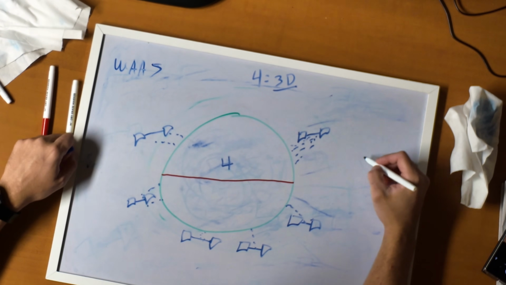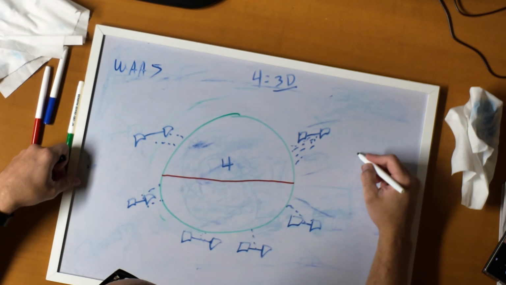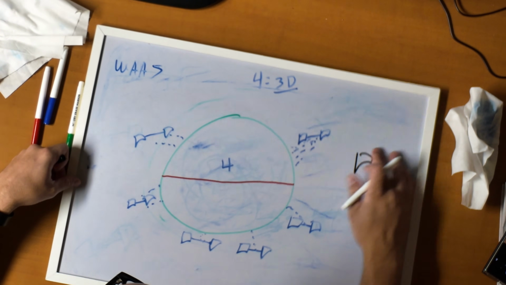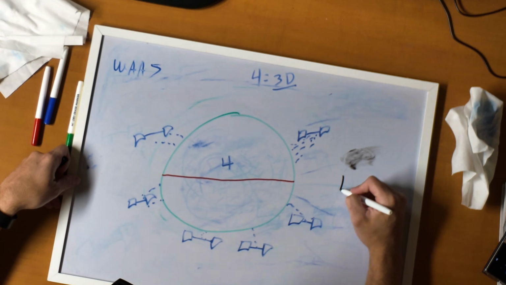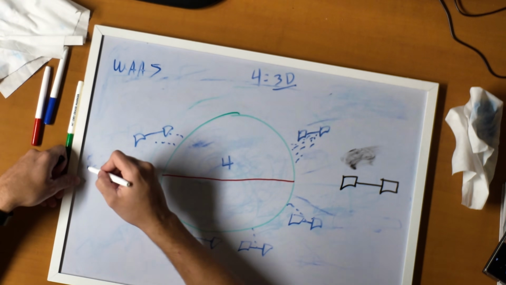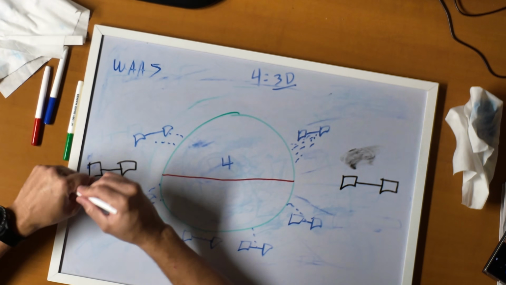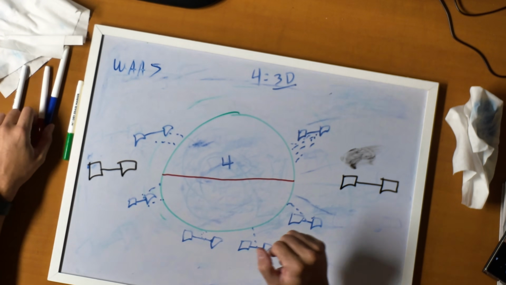Now, the way that WAAS works, let's draw it here in the equator. This is where it gets a little bit complicated.